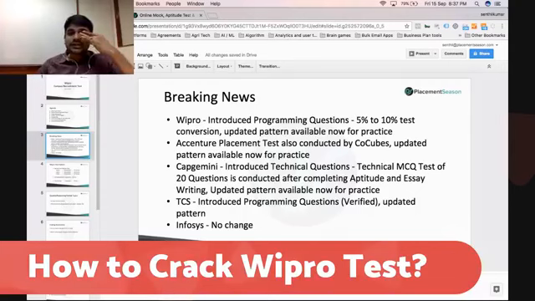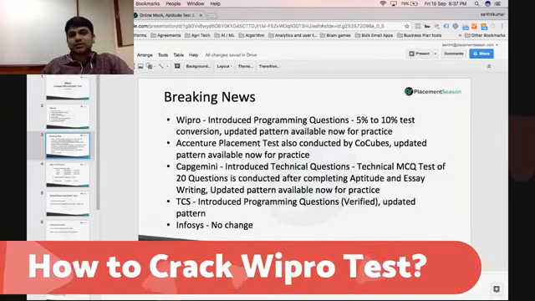Accenture's test till last year was conducted only by Aspiring Minds and MeritTrac, but this year CoCubes has also joined as an outsourcing partner. Capgemini has a change in pattern; they have introduced technical questions.